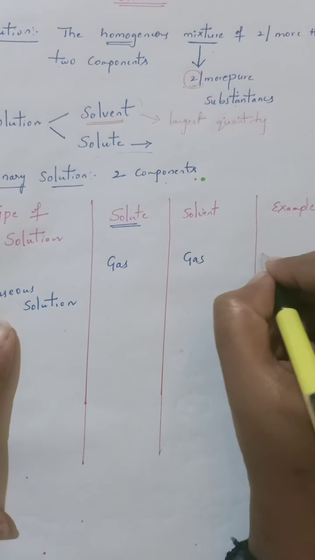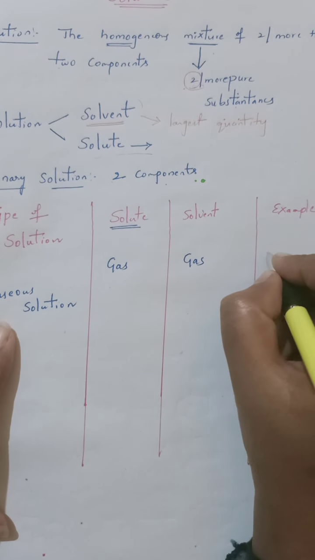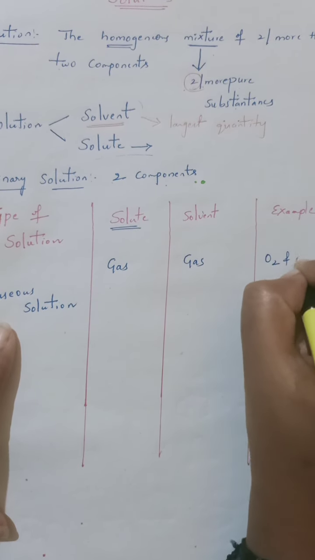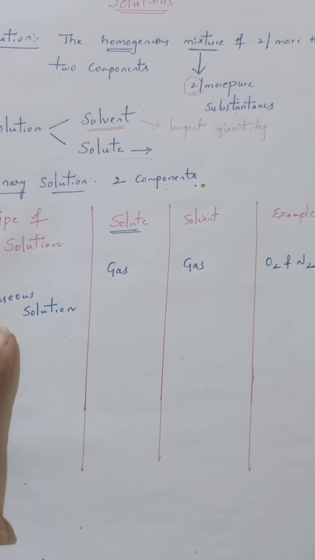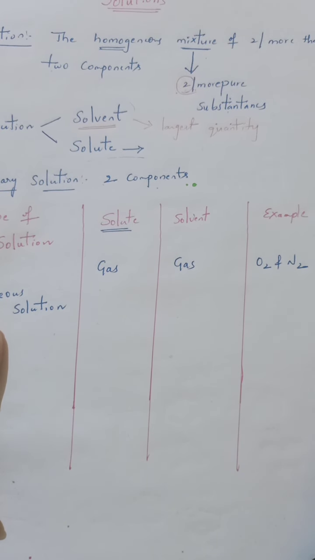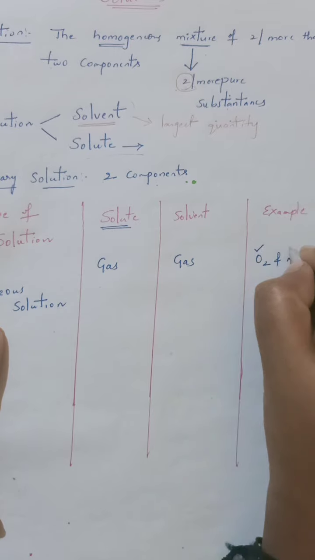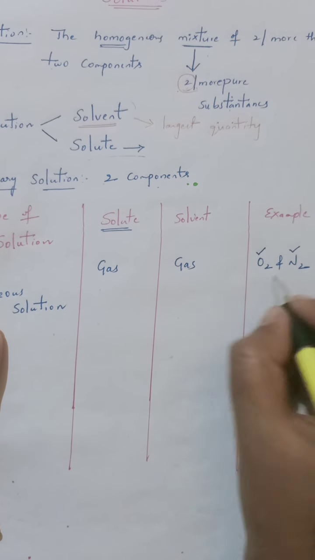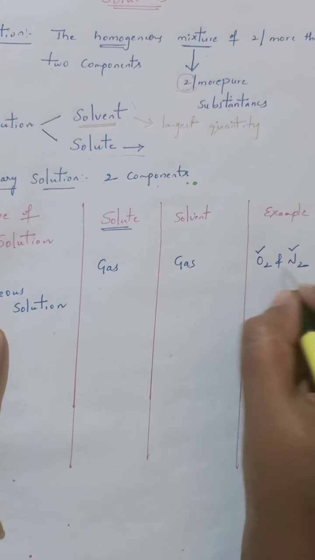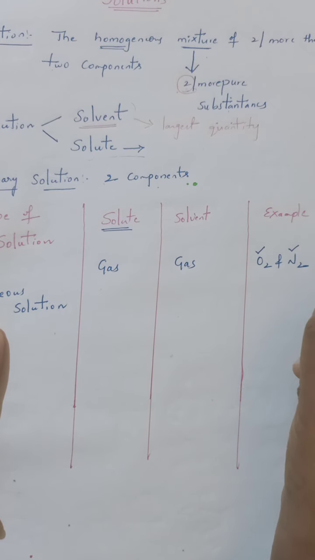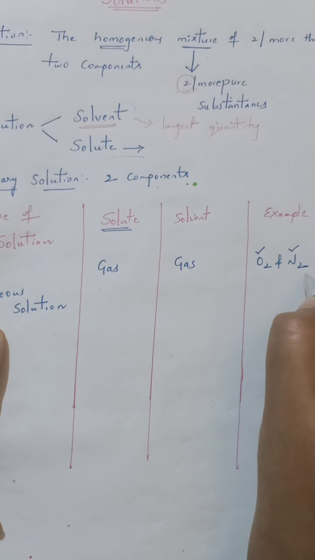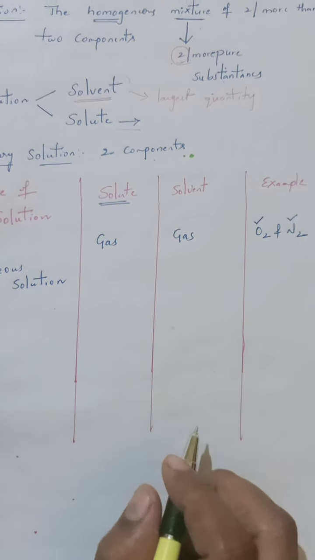An example is a mixture of oxygen and nitrogen. In that, one is solute, other one is solvent. Both are present in gaseous state, so a mixture of oxygen and nitrogen is an example of a gaseous solution.